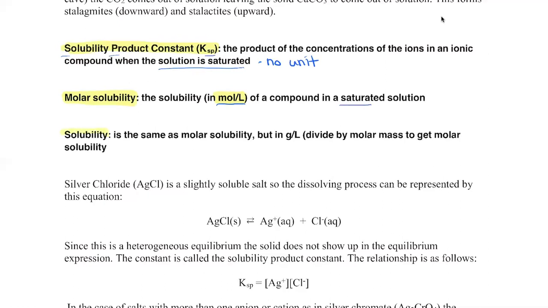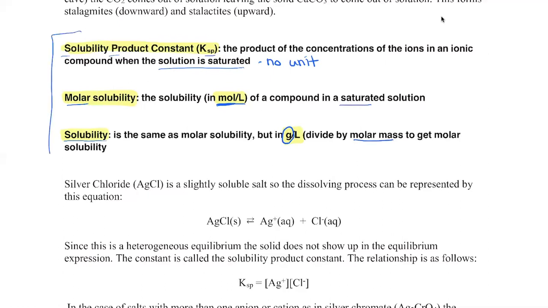And the last term is solubility, not molar solubility, just regular solubility, which is measured in grams per liter instead of moles per liter. So molar solubility is moles per liter, and if it just says solubility, then it's grams per liter, which we can determine using the molar mass of the compound to get from moles to grams.